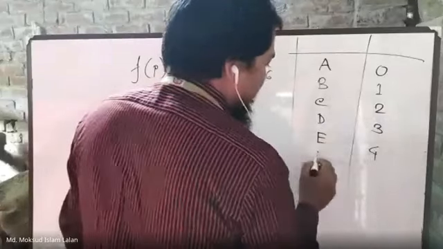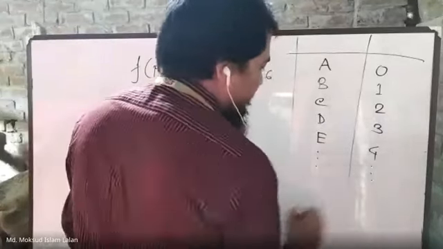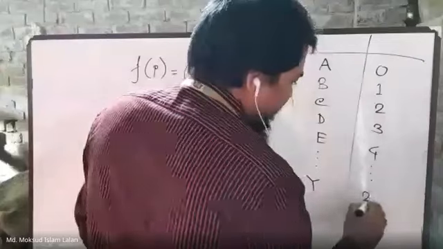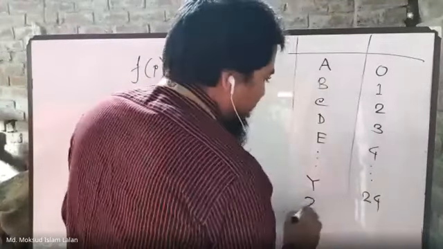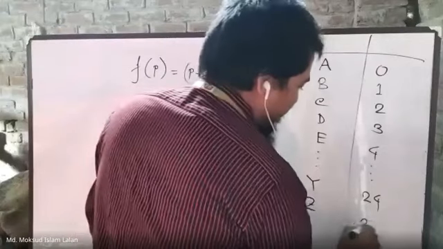Do you understand? So Y as what will it be? 24, and Z as 25. Am I right? Yes, sir.